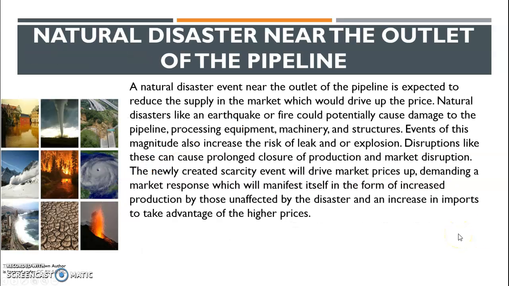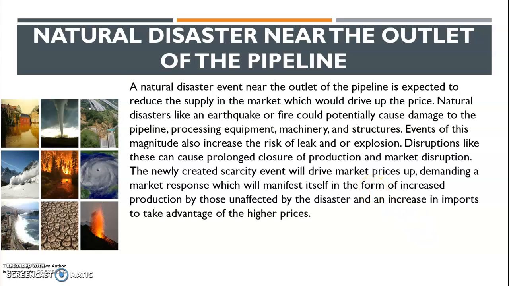A natural disaster near the outlet of the pipeline is expected to reduce the supply in the market, which could drive up the price. Natural disasters like an earthquake or fire could potentially cause damage to the pipeline, processing equipment, machinery, and structures. Events of this magnitude also increase the risk of leaks or explosions. Disruptions like these can cause prolonged closure of production and market disruption.